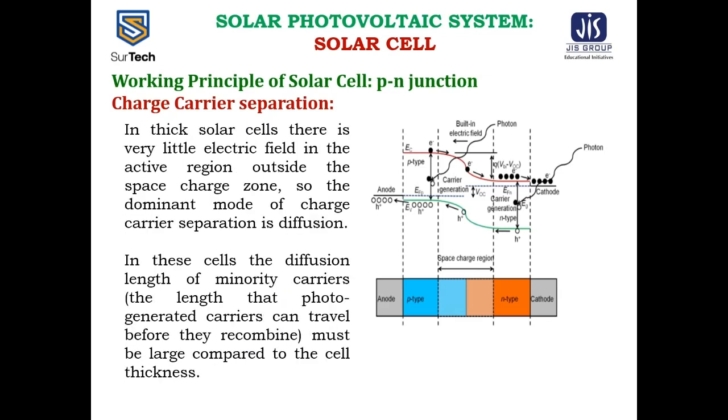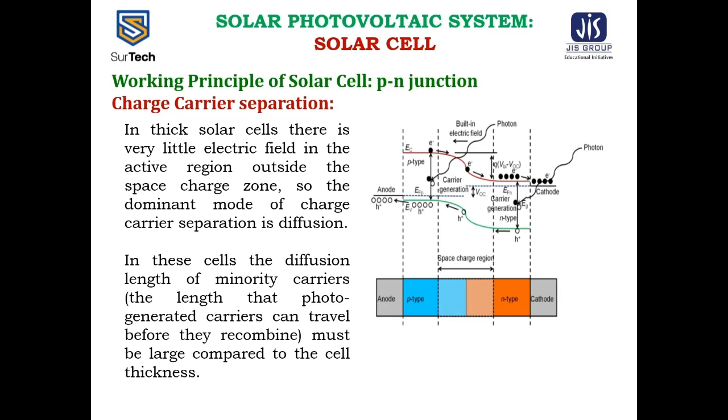In thick solar cells, there is very little electric field in the active region outside the space charge zone. So the dominant mode of charge carrier separation is diffusion. In these cells, the diffusion length of the minority carriers must be large compared to the cell thickness.